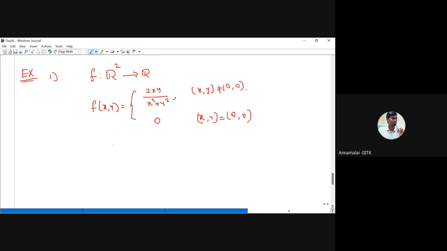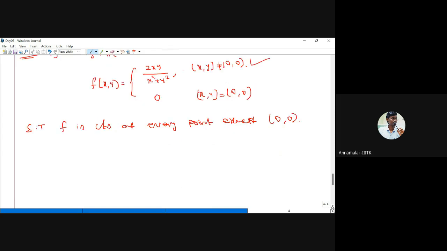Now we have to show that this function is continuous at every point except 0 comma 0. So first we have to show that the function is continuous at every non-zero point, because for every non-zero value, the function is just 2xy by x square plus y square.